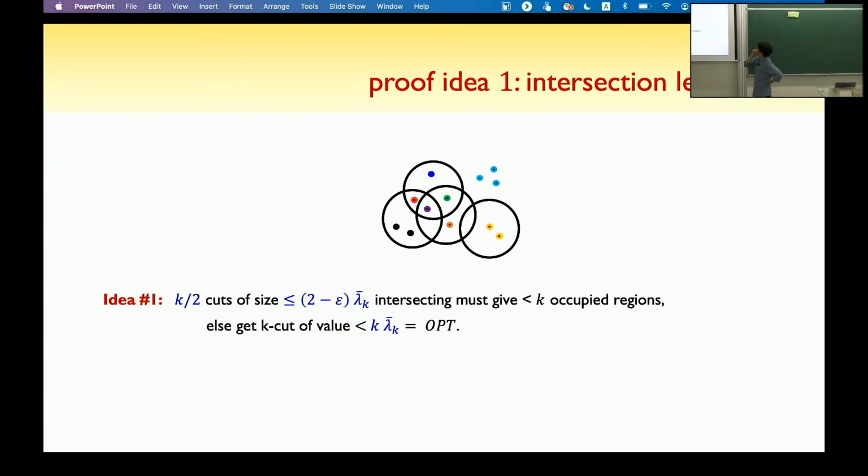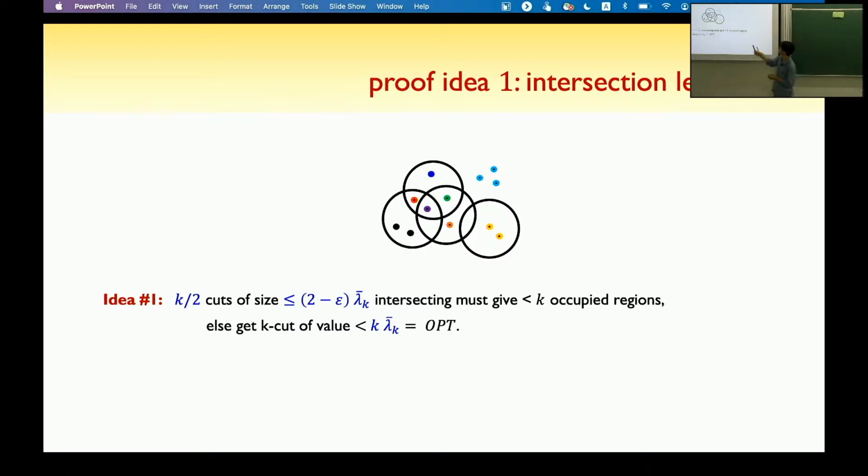The first structure is about a Venn diagram. I mean, everything is about a Venn diagram, since it's a set system. Suppose we take k over 2 sets from our set system F, which correspond to k over 2 small cuts. We can draw a Venn diagram and count the number of occupied, or non-empty, regions.